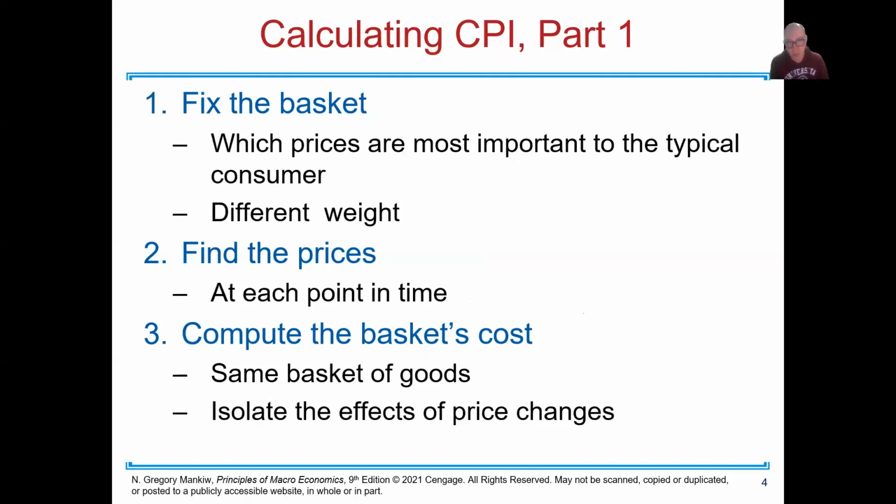This helps us to identify the changes in the prices from day to day, month to month. And then we compute the cost by examining the same goods and services and isolate the effects of these changes from month to month.